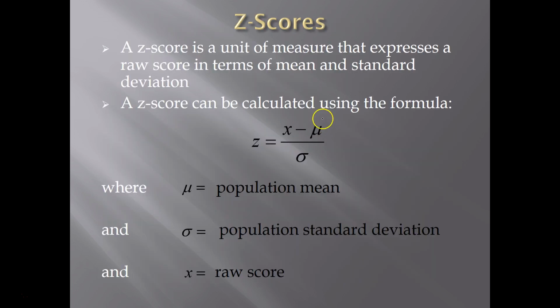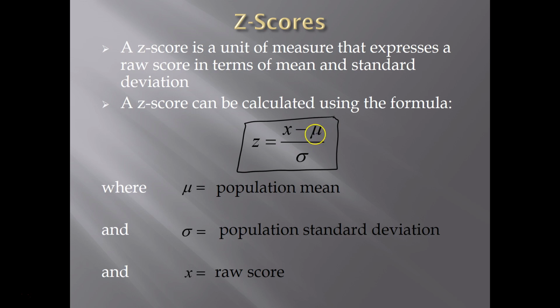Here's how to do it. You get yourself a z-score using this formula right here. This formula says your z-score z is going to equal x, which is your raw score or your data value, minus mu. Remember mu we just talked about. It looks like a cross between an m and a u.